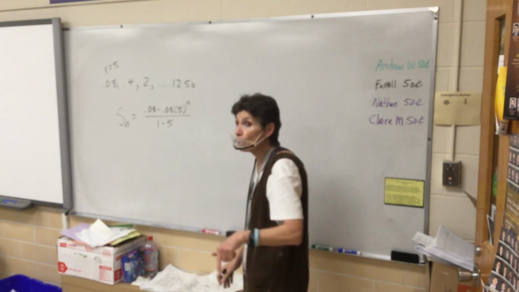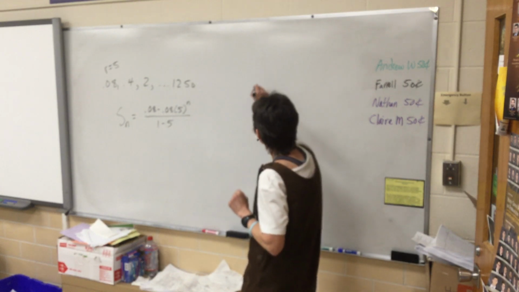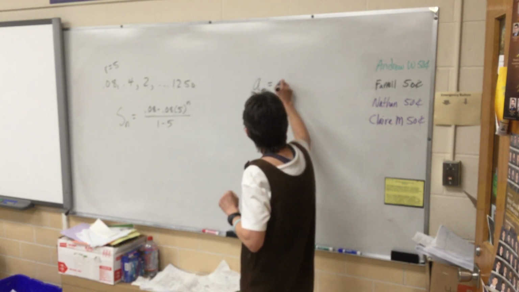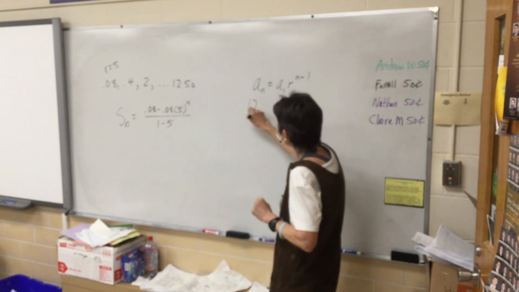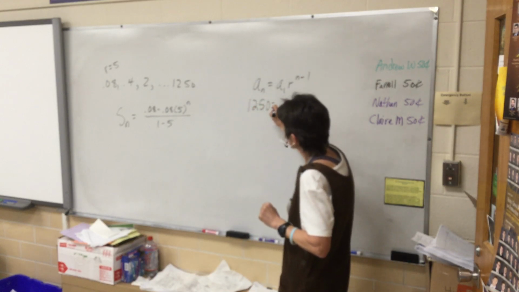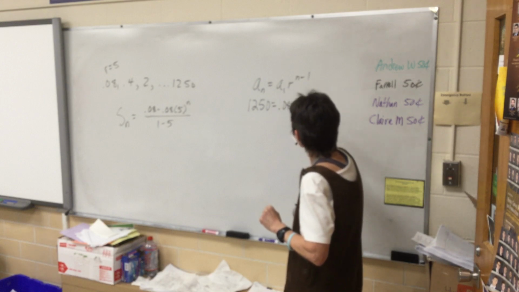We're going to go back to our original formula. And we know 1250 is the end, 0.08 is the beginning, and the ratio is 5.